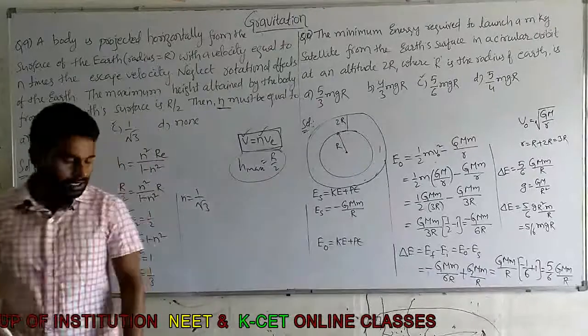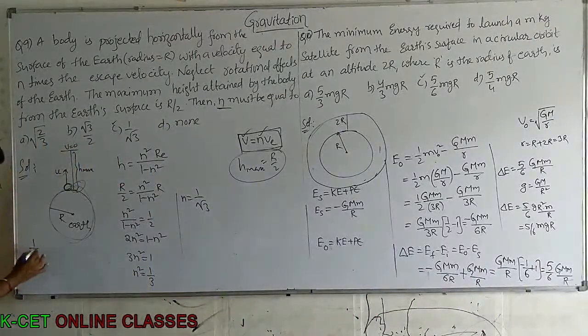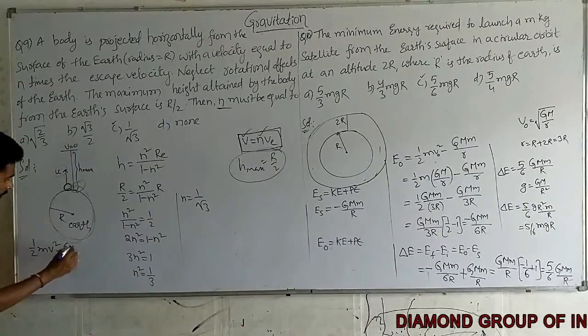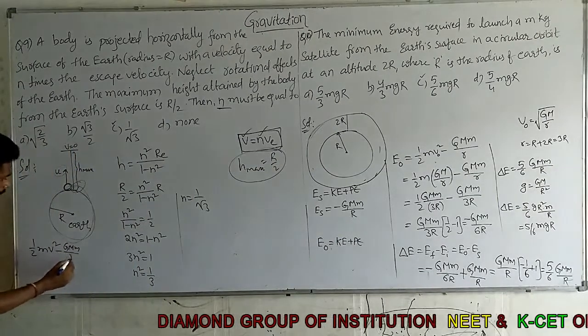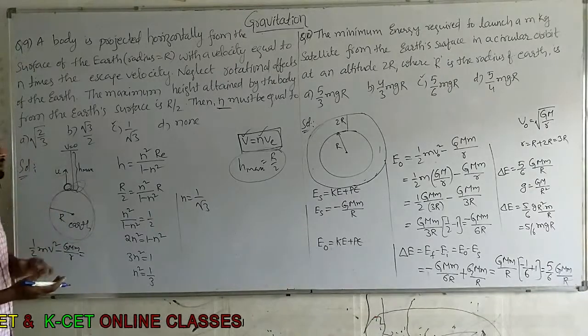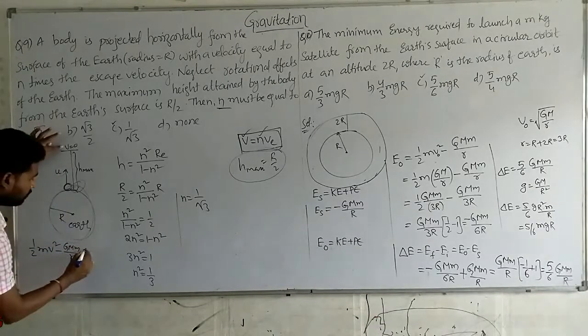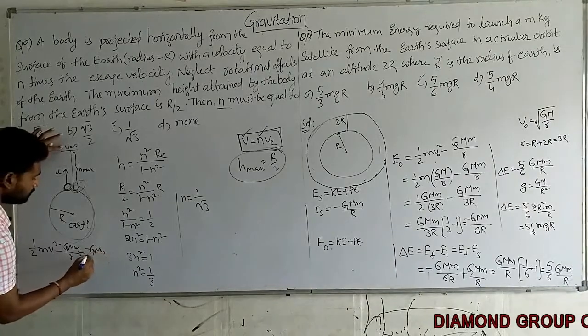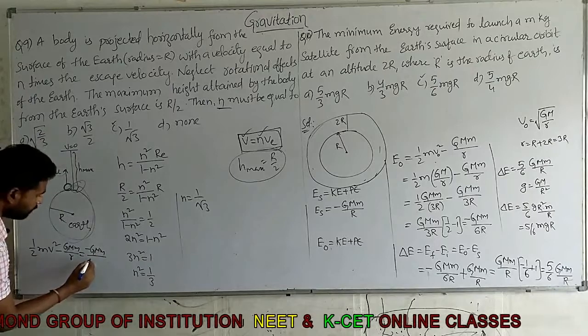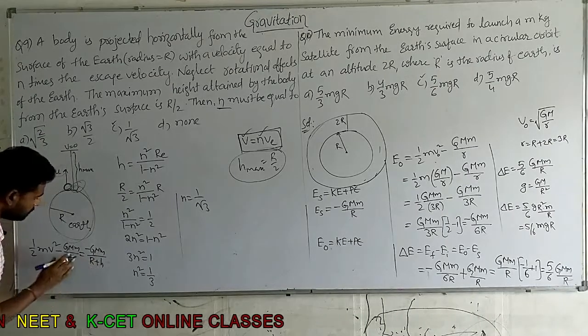That means if we write here, kinetic energy equal to half mv square, potential energy here is minus GM by R, equal to the final: velocity will become 0, kinetic energy is 0, and final potential energy equal to minus GM by R, where R is nothing but capital R plus h.